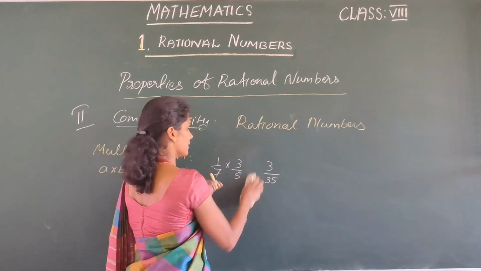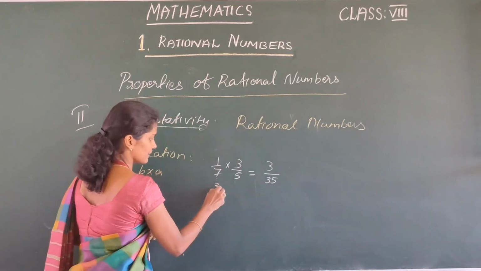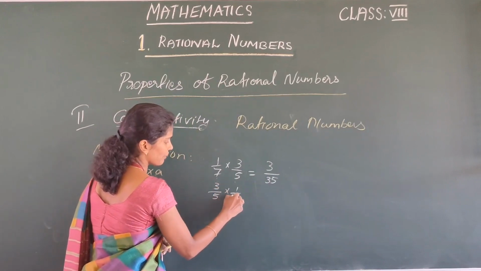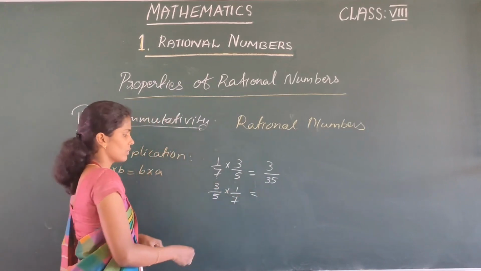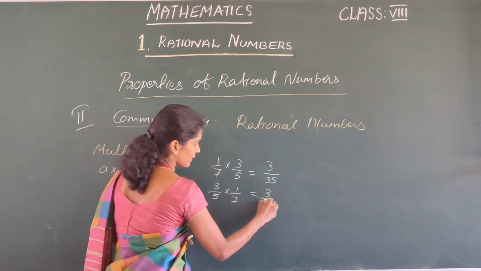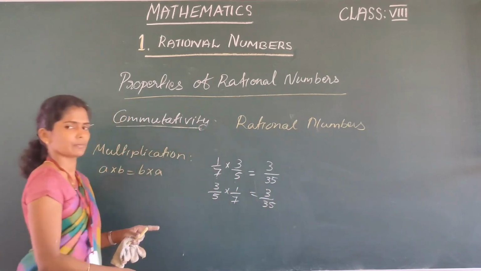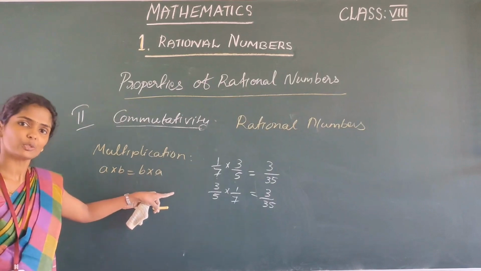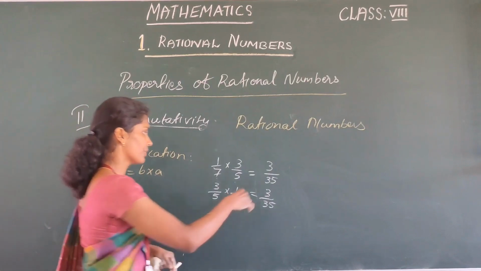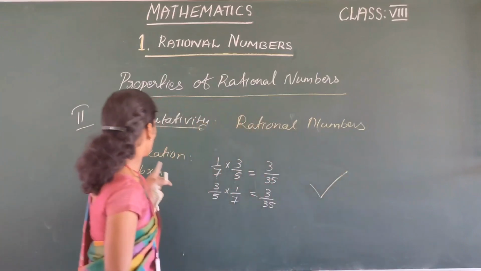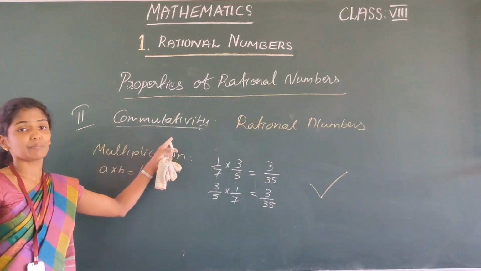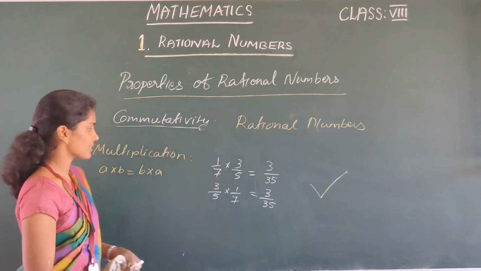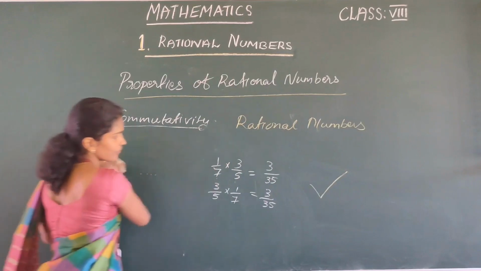That is 3 by 35. Then 3 by 5 into 1 by 7 is also 3 by 35. That means here it satisfies a into b equal to b into a. Therefore, multiplication is commutative in the case of rational numbers. Then we check division.